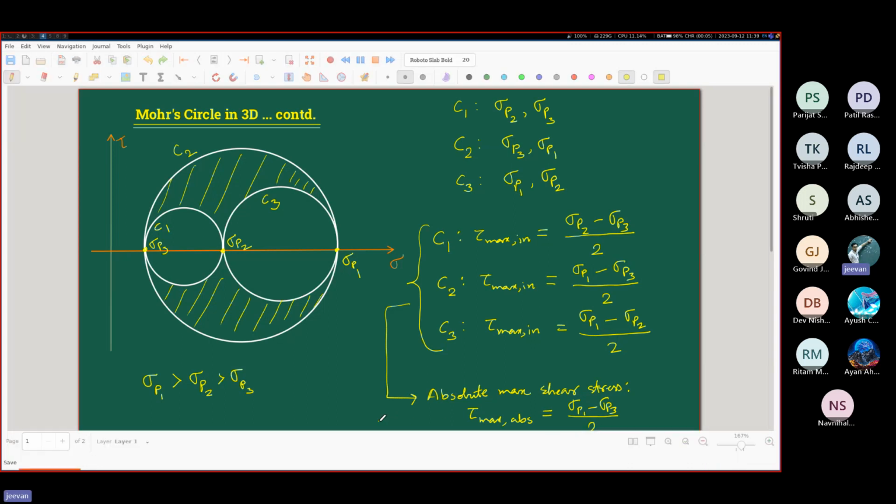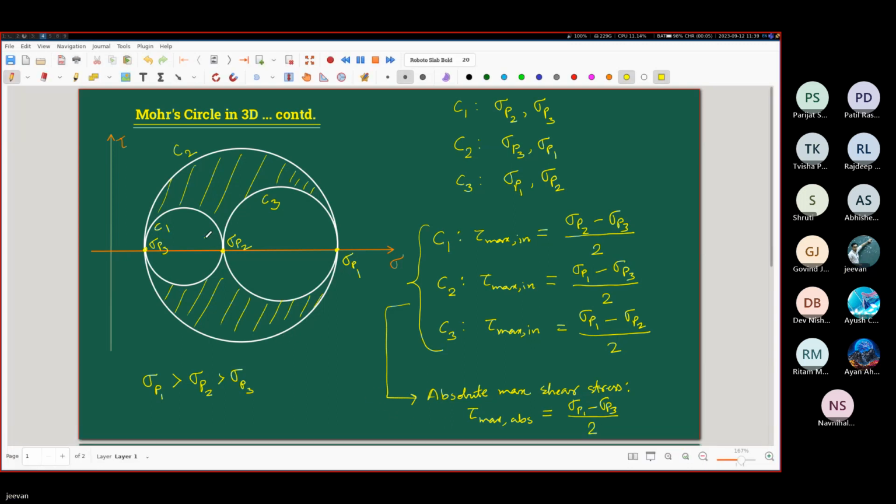The thing we need to note here is that even if we confine ourselves to viewing just the plane in which sigma P2 and sigma P3 occur, it is certainly true that in that plane the maximum in-plane shear stress is sigma P2 minus sigma P3 by 2. But even if we are looking at that plane and someone asks what the absolute maximum shear stress is, the answer will not be sigma P2 minus sigma P3 by 2.